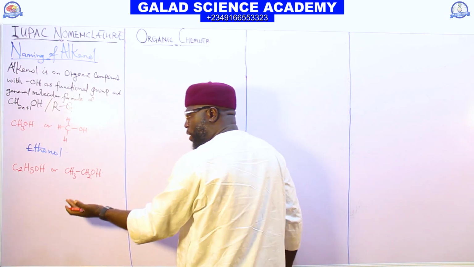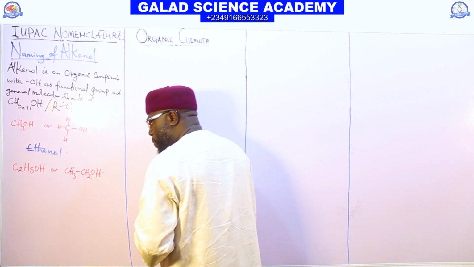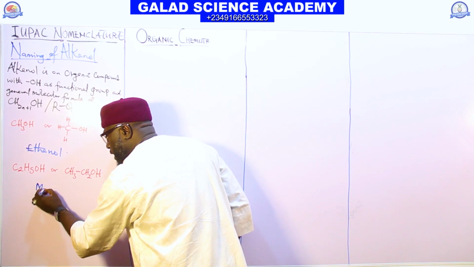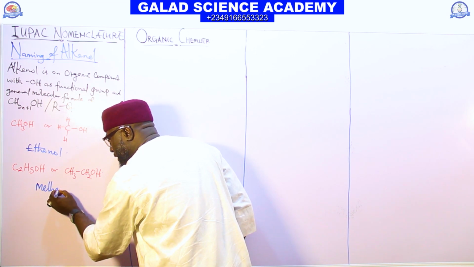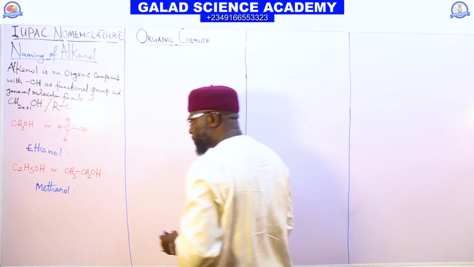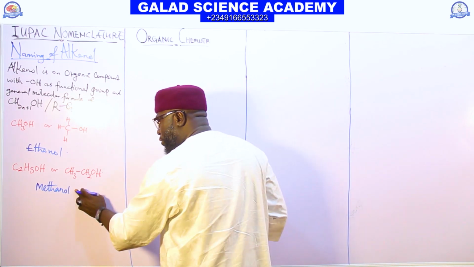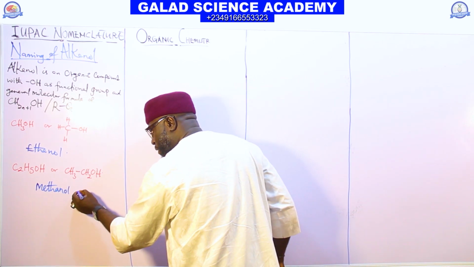The name of this compound, carbon is 2, we call it ethanol. And the bond line for this ethanol, you can draw it in this form.